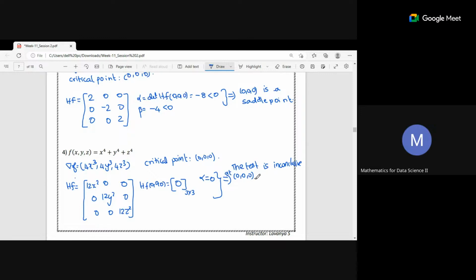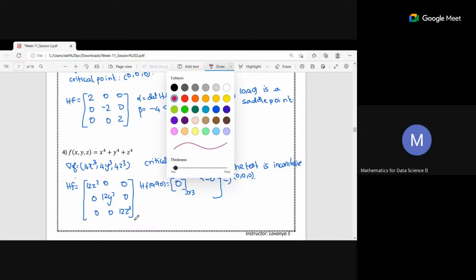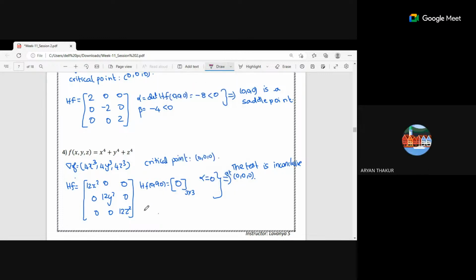But what do we know from the function values? Of simple functions we can tell by observation. What can you tell? It will be a minimum, the critical point here.